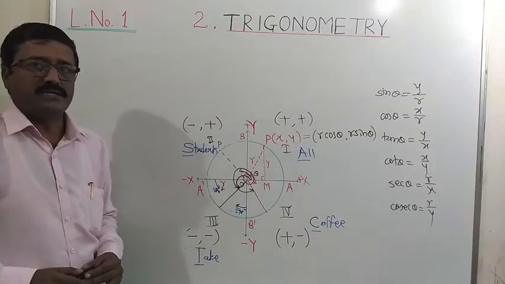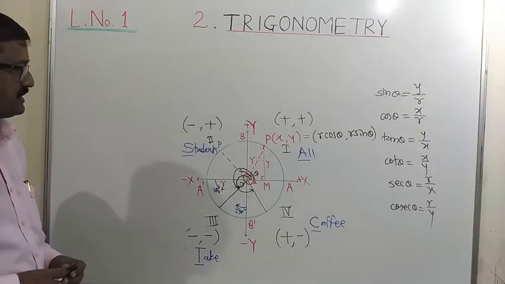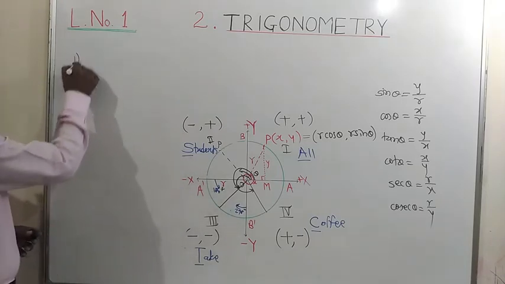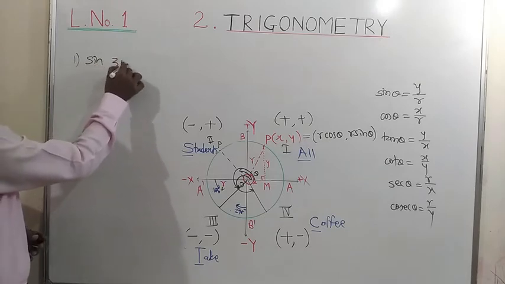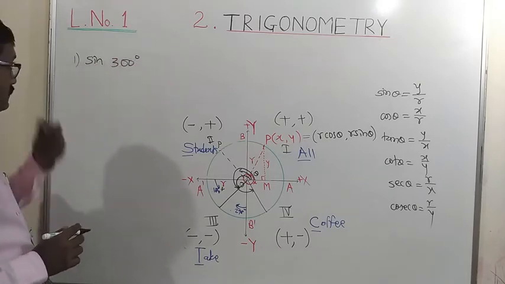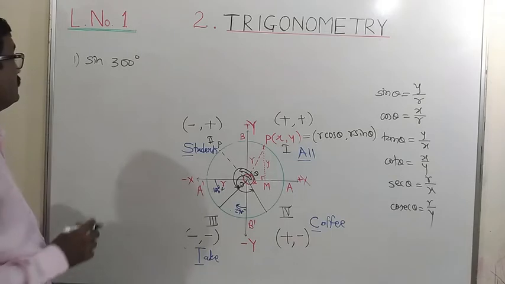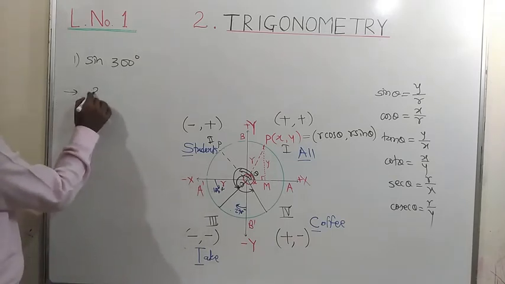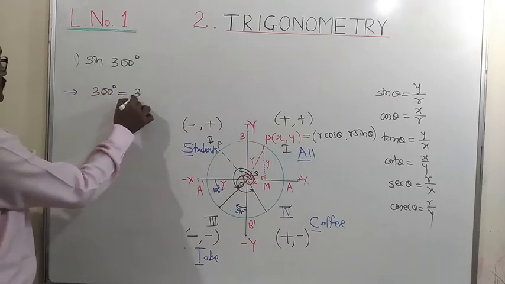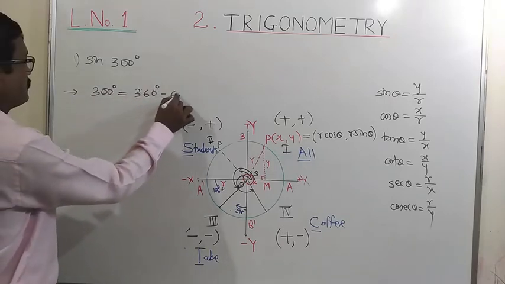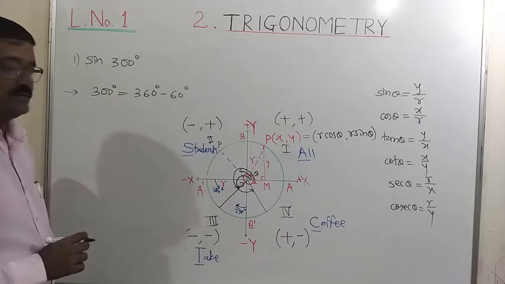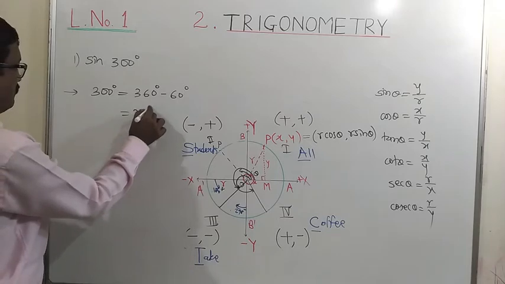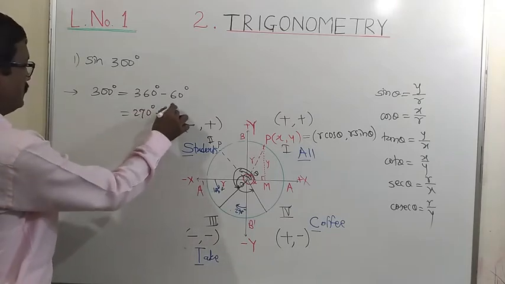Before starting the next article, let us solve two examples on determining the signs of trigonometric functions. First, suppose sine of 300 is given. If you want to find the sign of sine 300, this 300 degrees is nothing but 360 minus 60, or we can write it as 270 plus 30.